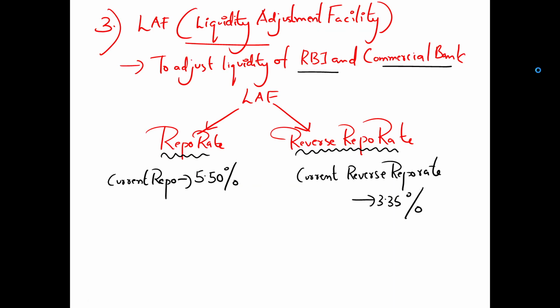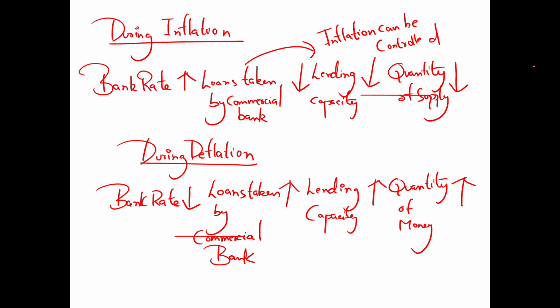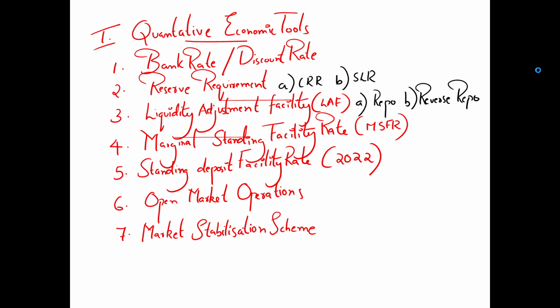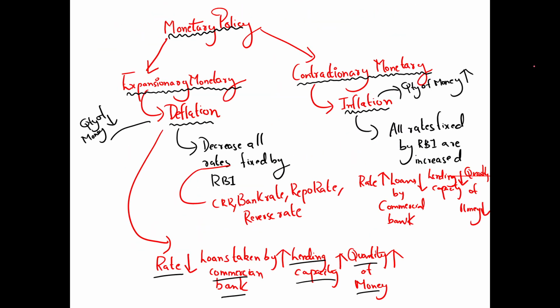We can just give a winding up session. So today we have discussed what happens when monetary policies are implemented during deflation as well as inflation. During deflation, expansionary monetary policy is implemented. That is, all the rates are reduced during deflation.